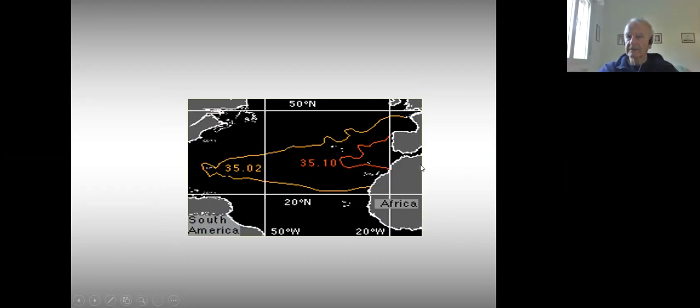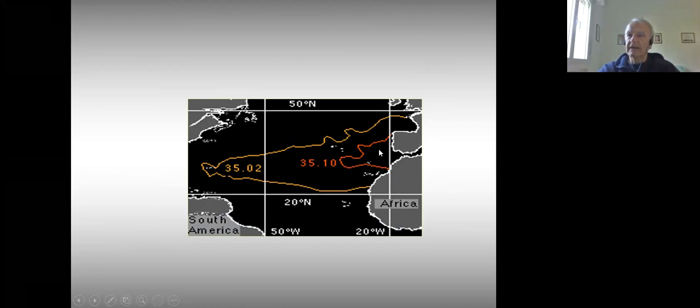Here it is. If you look from a top-down figure, you can see traces of this higher density, higher salinity water originating from the Mediterranean. This is Gibraltar Strait. This is Spain. This is Africa.